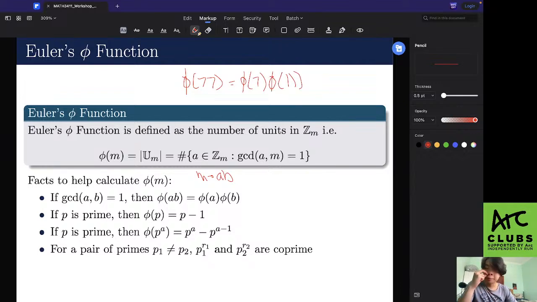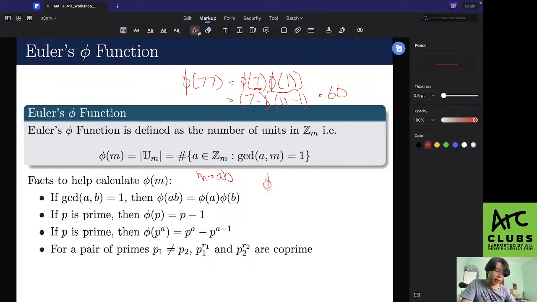Both of these are prime, so they have a GCD of 1, and we can split them up. If p is prime, like 7, we know that phi is just p minus 1, so it's 7 minus 1, or 6. Similarly here, it's just 11 minus 1, which is 10. So in total, phi of 77 is 60.